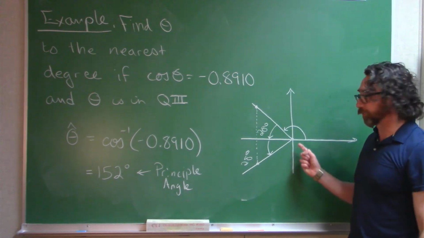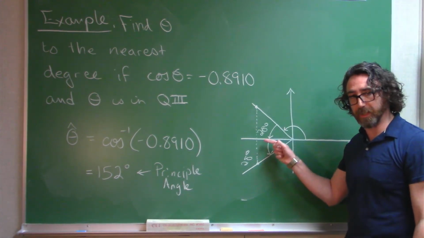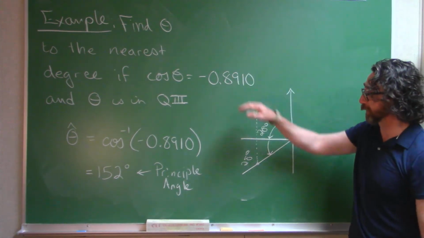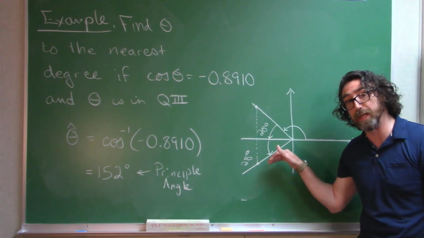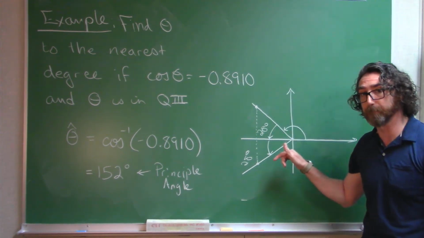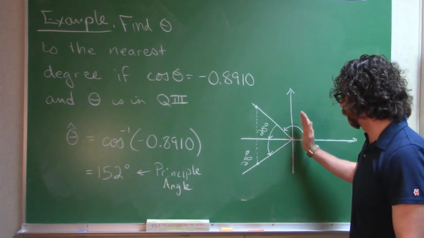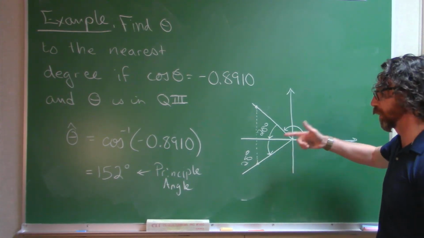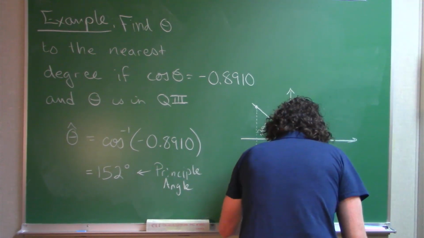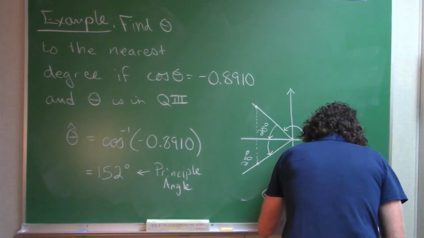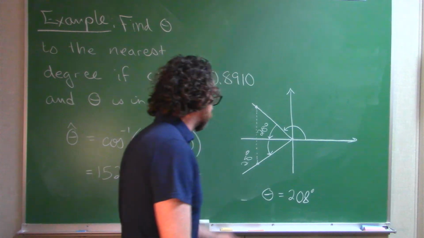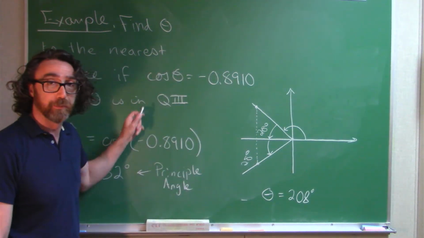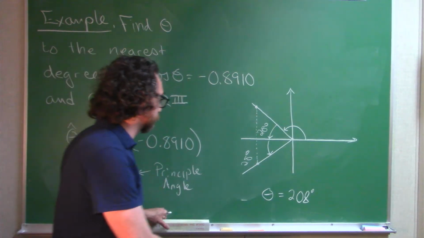Okay, so if this reference angle is 28 degrees and we want to be in Q3, we use the same reference angle in Q3. All right, so that's 180 plus 28 degrees, 208 degrees. So this is the Q3 angle meeting this condition.